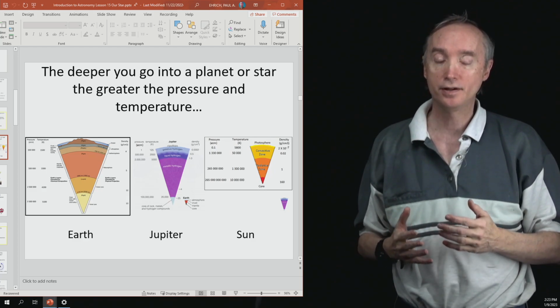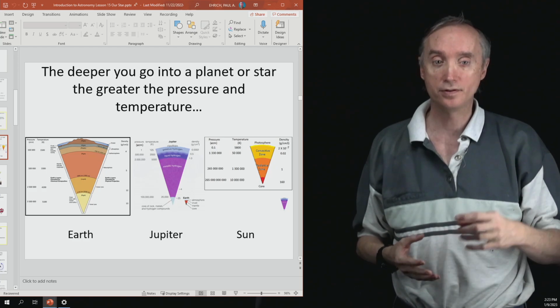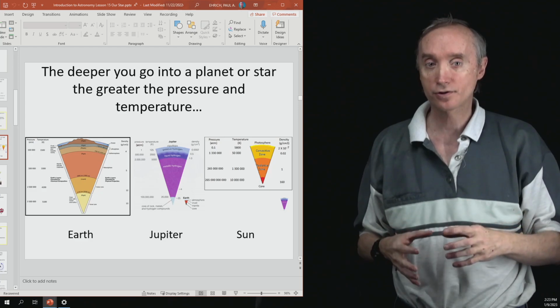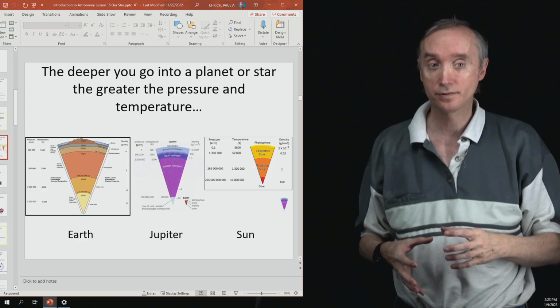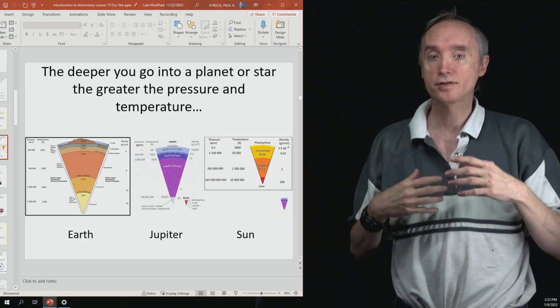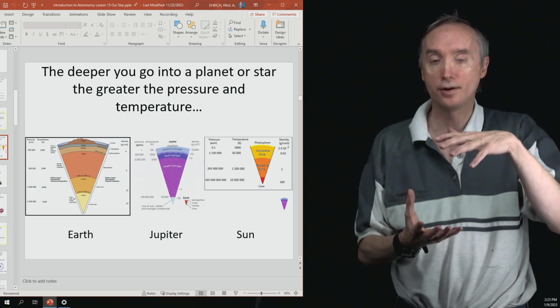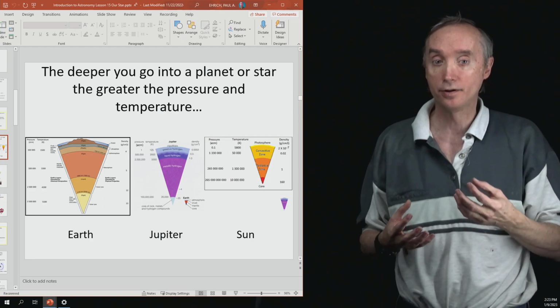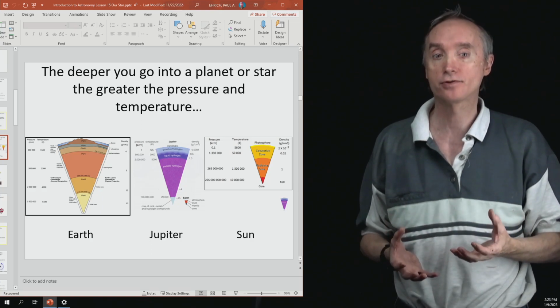Well, the sun is the same way. So the deeper that you go into the sun, the pressure is going to increase because just like on Earth, we feel 1 atmosphere of pressure here on Earth. So that's the atmospheric pressure.